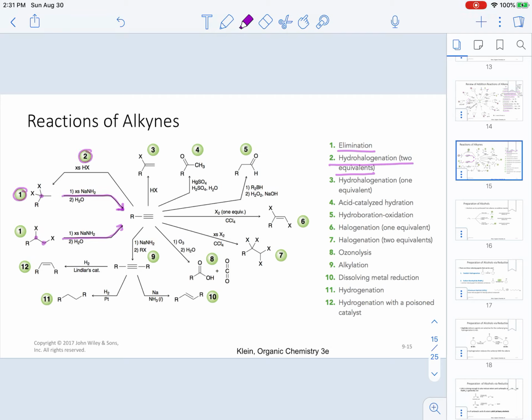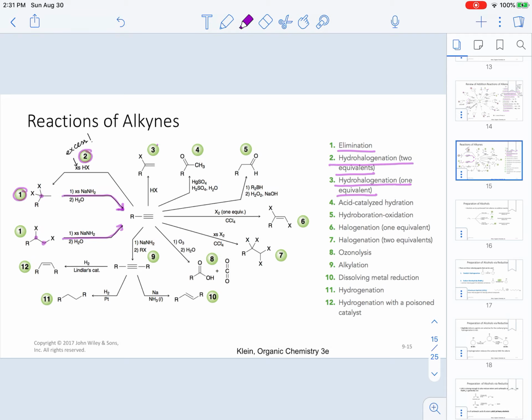So if we have an alkyne and we react it with excess, that's what XS means, excess of one of our acids that contain a halogen, that's how you're going to be forming a dihalide, but both halogens are going to be sitting on the same carbon. Reaction number 3 is going to be hydrohalogenation with 1 equivalent.